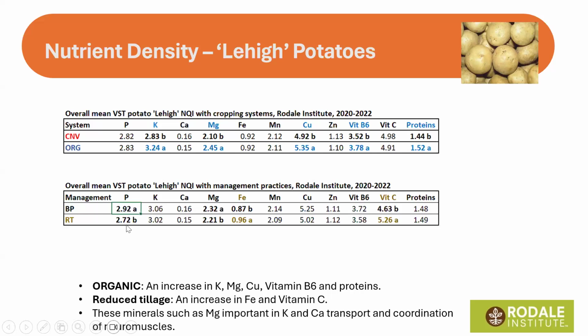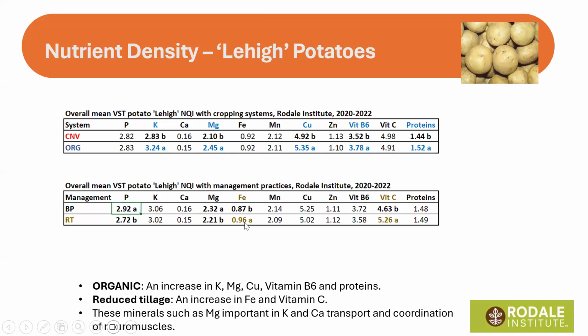This doesn't mean that in, let's say, 2020 or 2021, the reduced tillage was higher than the black plastic, but this is the average over 3 years and multiple replications. So it is more rigorous work that these results came out from.